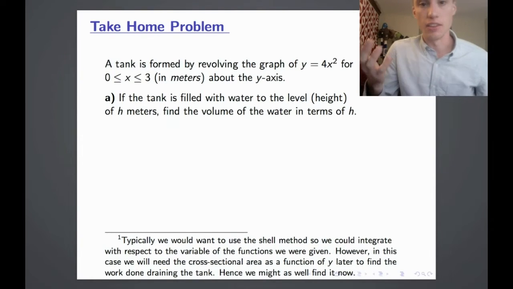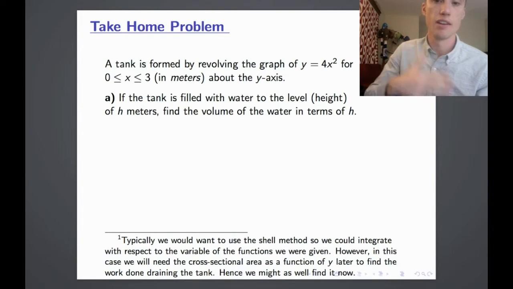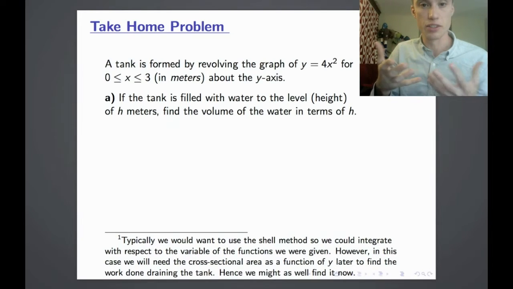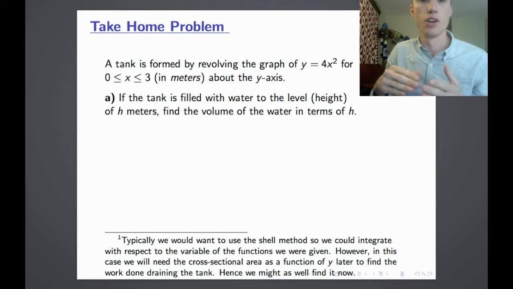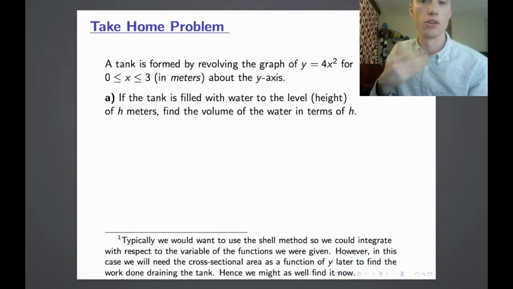We have two choices. This is a rotational bodies problem. We're revolving the region bounded by the curves y equals h, x equals 0, and the curve y equals 4x squared about the y-axis.